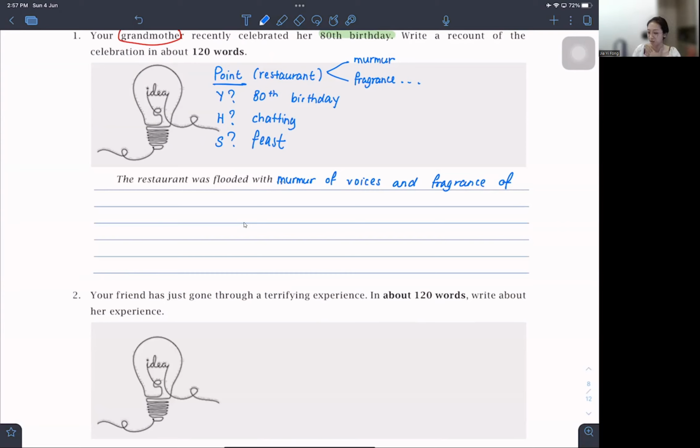Fragrance of my annoying cousin, sister's perfume. Okay. Of course, if you don't want to talk about the perfume, you can talk about the coffee bean, the smell of the dim sum, the smell of food. All right. So here, the restaurant was flooded.